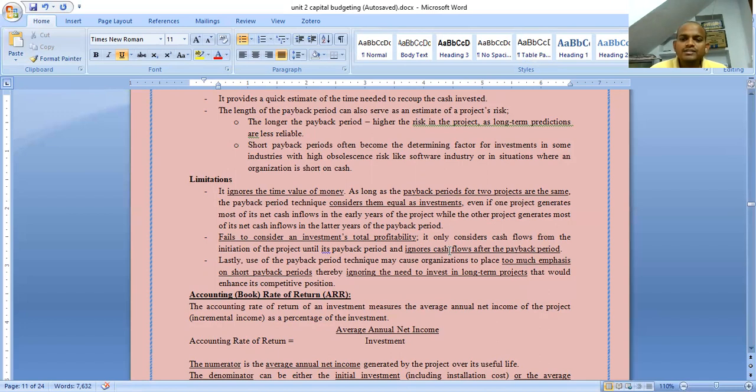Why are we investing? So it enhances the competitive position. That is the drawback in the payback period.